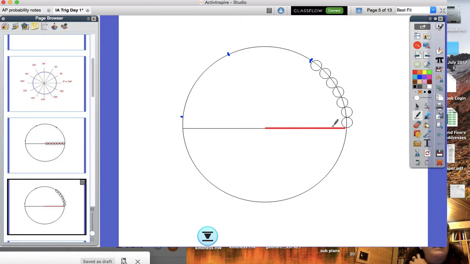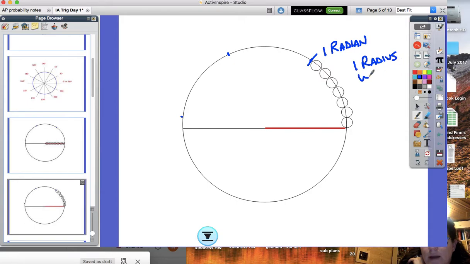Imagine if this was string, and I cut the string, and then I wrapped the string around the edge of the circle. So this is the length of 1 radius, and that is called a radian. So it is 1 radius wrapped around the edge of the circle.